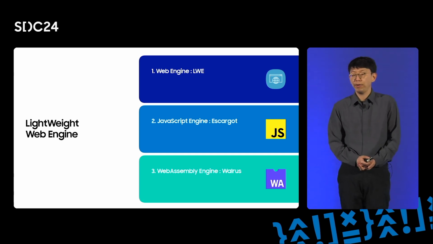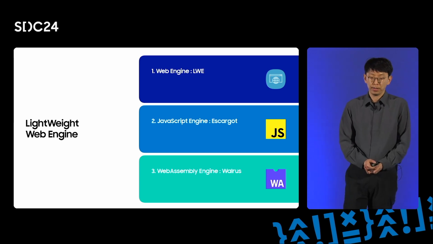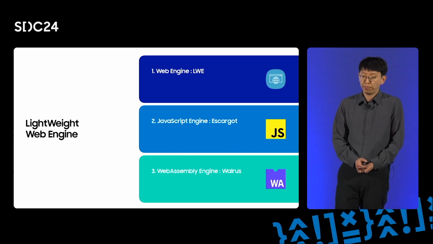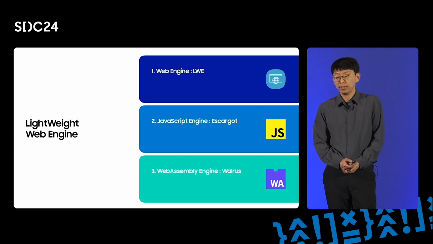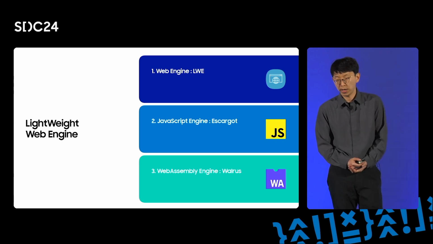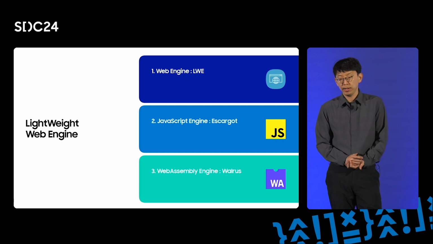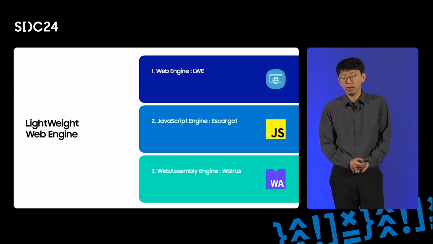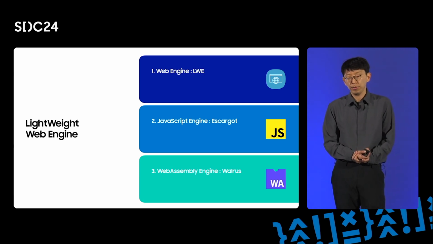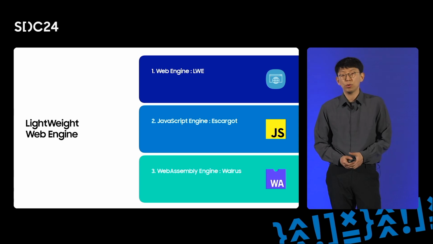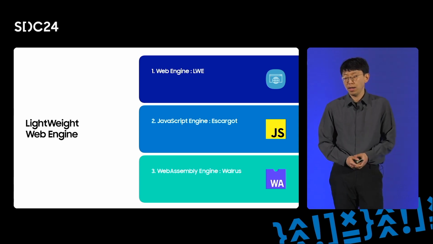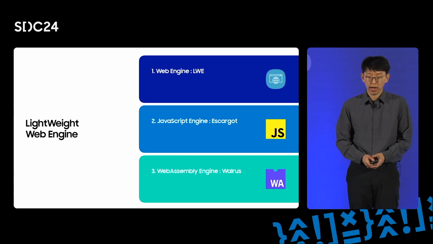Currently, we are developing three web engines: first, LWE for web browsing, then Escargot for JavaScript, and finally Walrus for WebAssembly. Among these, LWE is the largest project. LWE integrates both Escargot and Walrus internally, combining them into a unified web engine.